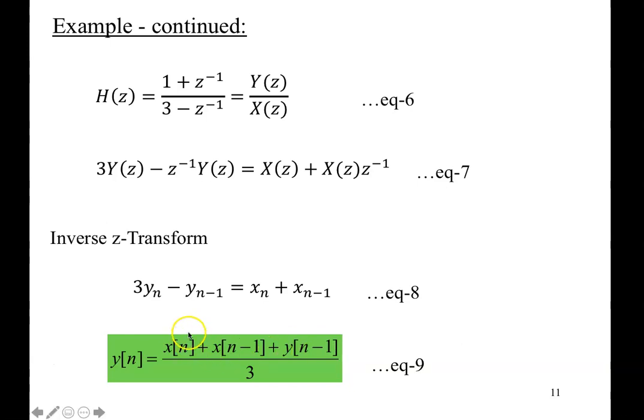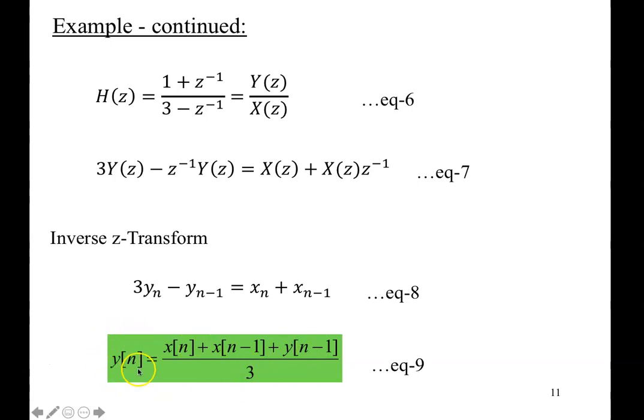Now, if you're going to write software code to implement that in a computer, when the clock comes, you say, computer, wake up, do the calculation for the output now. You need to take in the current input from your A to D converter. You need to remember somewhere in your memory space the input at the previous time interval, and also the previous output, the value you calculated last time. Add them together, divide by 3.